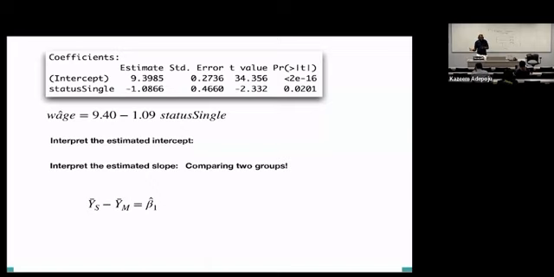But when beta 1 is not equal to 0, what does that mean? There is a significant difference. So if you test the hypothesis on beta 1 and beta 1 is significant, it means there's a significant difference between the wages of married and single.